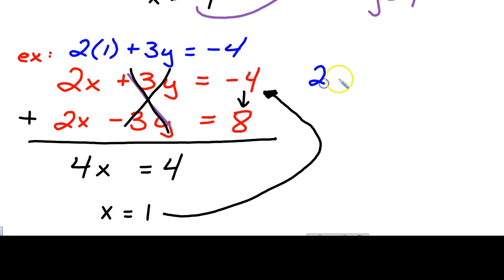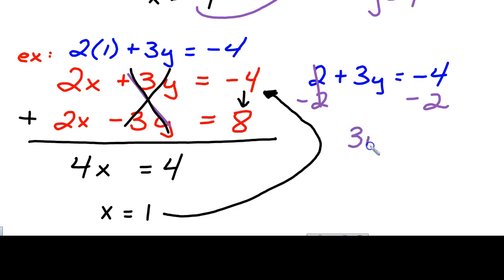Well, 2 times 1 is 2, so simplify it using that. Now it's a two-step equation. To solve this two-step equation, the first thing we're going to do is undo the constant on the left-hand side. So we're going to subtract 2 from both sides. We end up with 3y is equal to negative 6. Solving for y, divide both sides by 3, we get y equals negative 2.